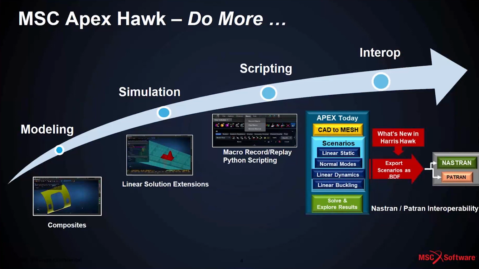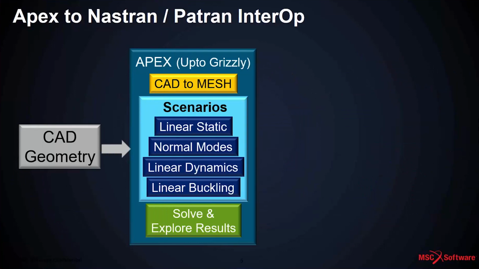So there's been a considerable enhancement in different parts of Apex: enhancements in modeling, enhancements in simulation, enhancements in the scripting capabilities, and all new interoperability in Apex. So what is the interoperability that we are supporting in Apex?